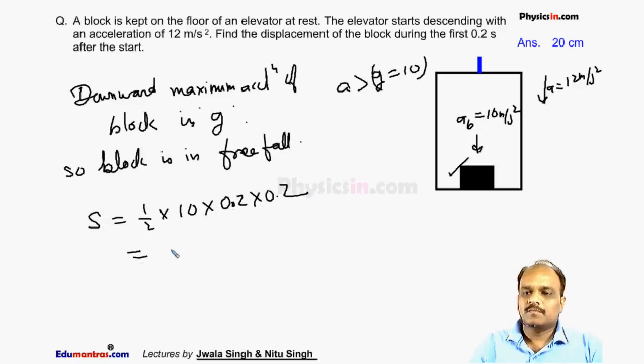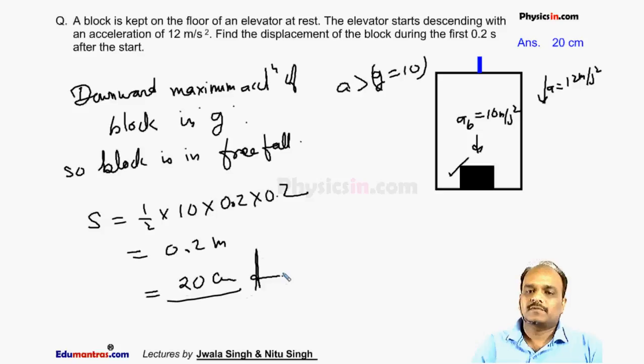So it comes out to be 0.2 meter, or that is equal to 20 centimeter. This is the answer. You can never use 1 by 2 a t squared with a equal to 12 meter per second square, because this block will fall with an acceleration that is equal to 10 meter per second square.